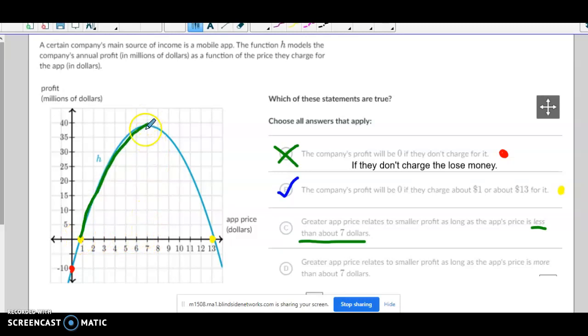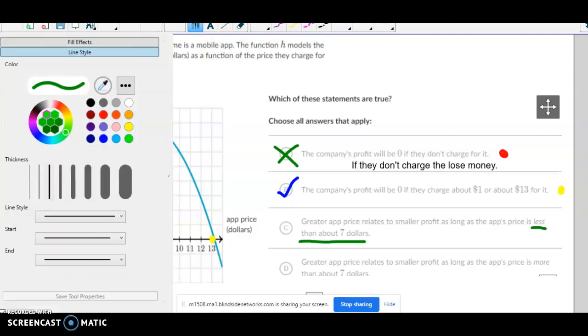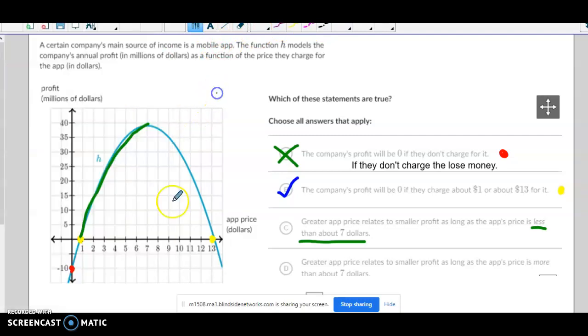We're going to stop at 7. Stop sign, stop. So we're going to stop at 7.